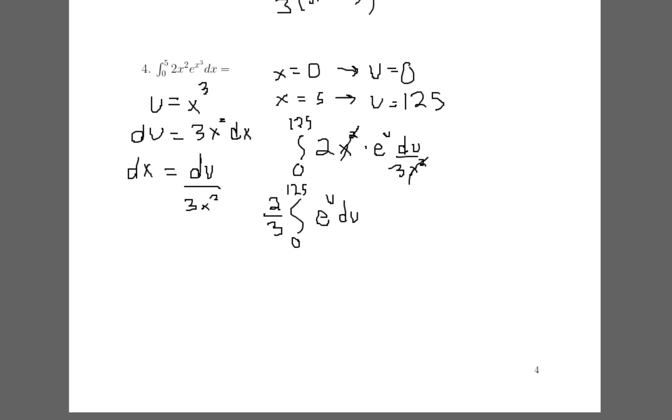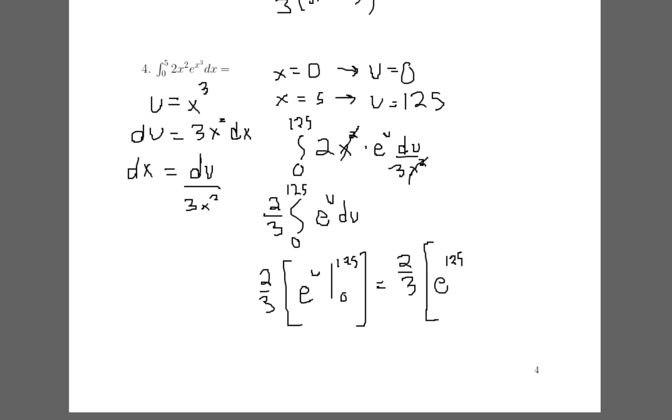In this case, we'll go ahead and use the fundamental theorem of calculus. So it'll be 2/3 times the quantity e to the u evaluated from 0 to 125, which is 2/3 times the quantity e to the 125 minus e to the 0.